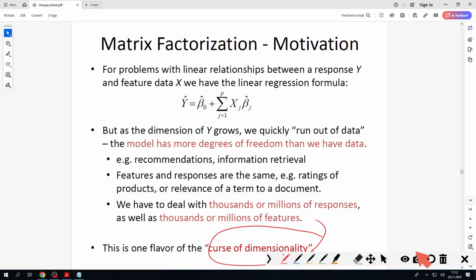Now, that is the problem, that you have more degrees of freedom than you have data. Like more factors to consider than people.